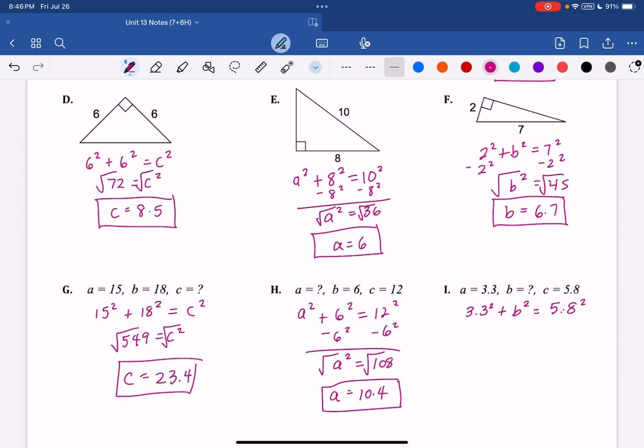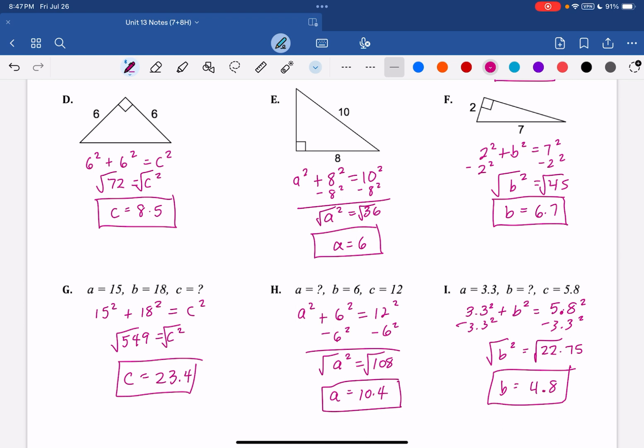You can always verify my math if you want. All right, so we're going to subtract 3.3 squared. So b squared would be 22.75, square root, and b is about 4.8.